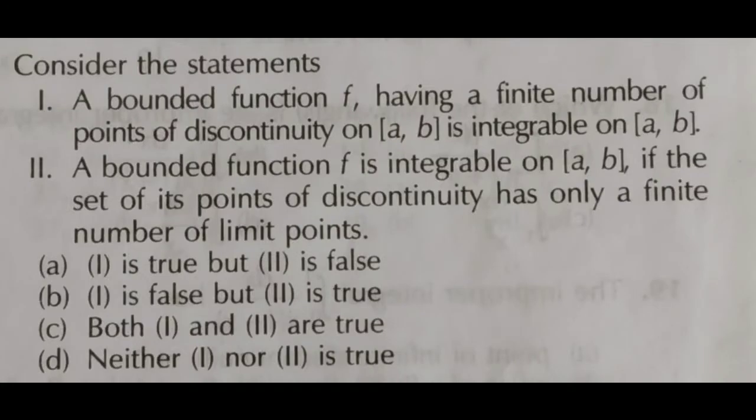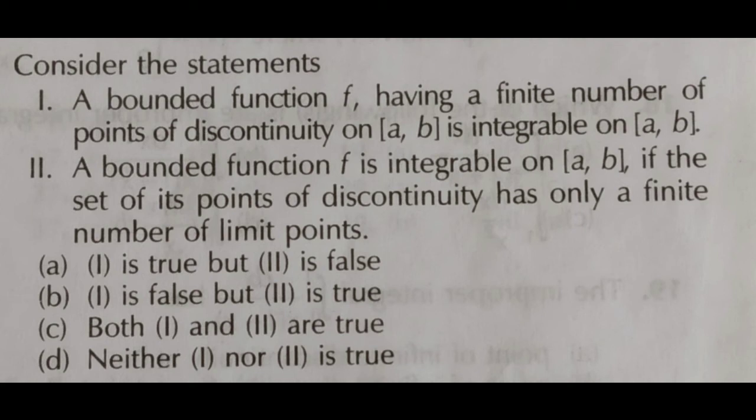Here two statements are considered. Statement 1: a bounded function f having a finite number of points of discontinuity on closed [a, b] is integrable on closed [a, b]. And statement 2: a bounded function f is integrable on closed [a, b] if the set of points of discontinuity has only a finite number of limit points.